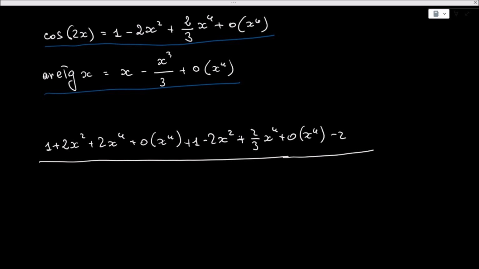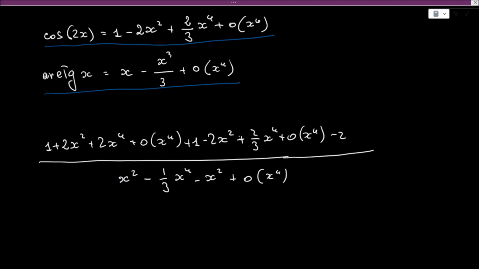And at the denominator we have instead x squared minus 1/3 x to the 4th minus x squared plus little o of x to the 4th.